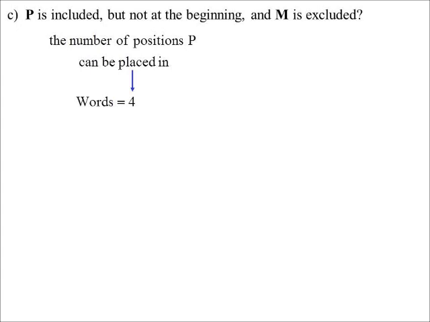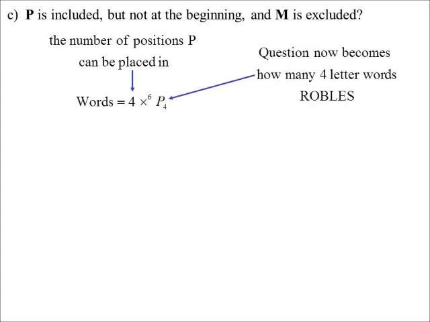Can't put it at the beginning. Okay, I've got 4 spots. Now, M is excluded. I need another 4 letters. But it's only 6p4 now, because it's like saying, how many 4-letter words from the remaining letters of problems? I've used the P, M I'm not allowed to use, so 4 from 6 letters. And the answer, there it is, 1,440.